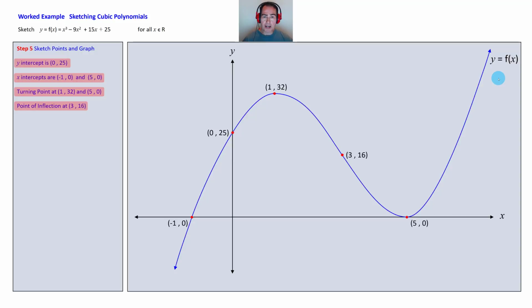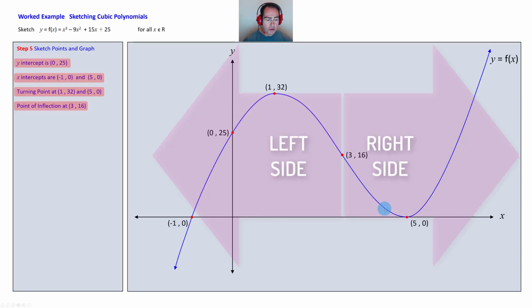But I'd like to point out an interesting symmetry here that will help you understand cubic graphs. If we look at this central point of inflection, the graph on the left of it is exactly the same shape but rotated 180 degrees about this central point compared to the graph on the right hand side.